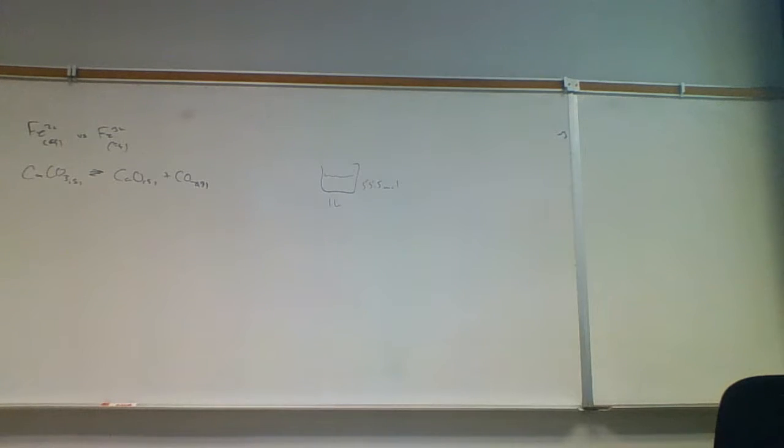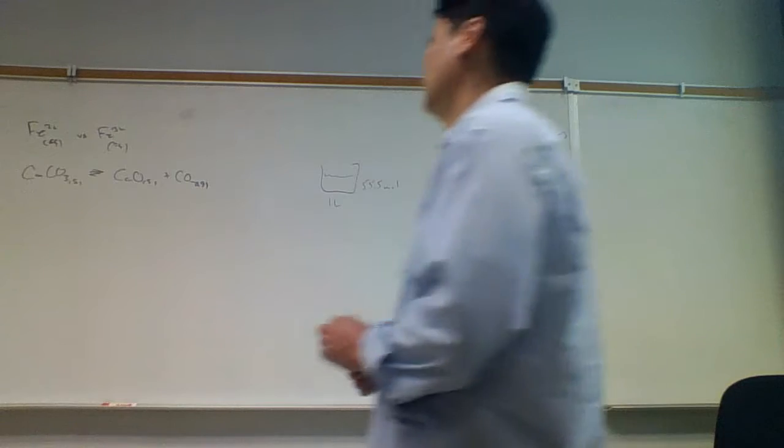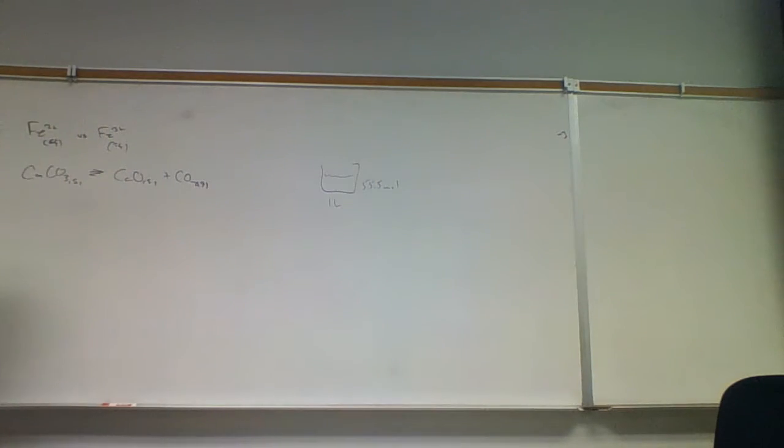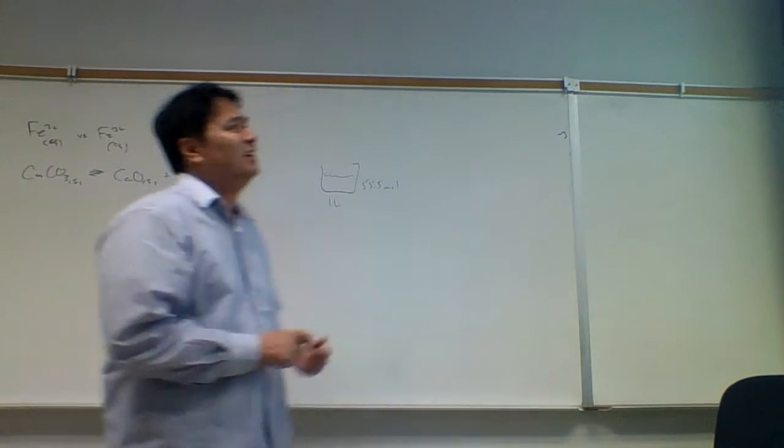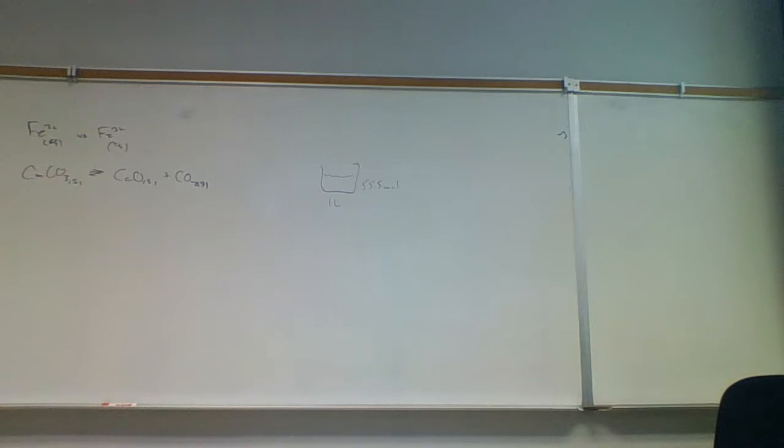Iron 3 plus is on the product side, and the H plus is on the reactant side. What was the reaction? FeOH3 plus 3H plus yields iron 3 plus 3 water.